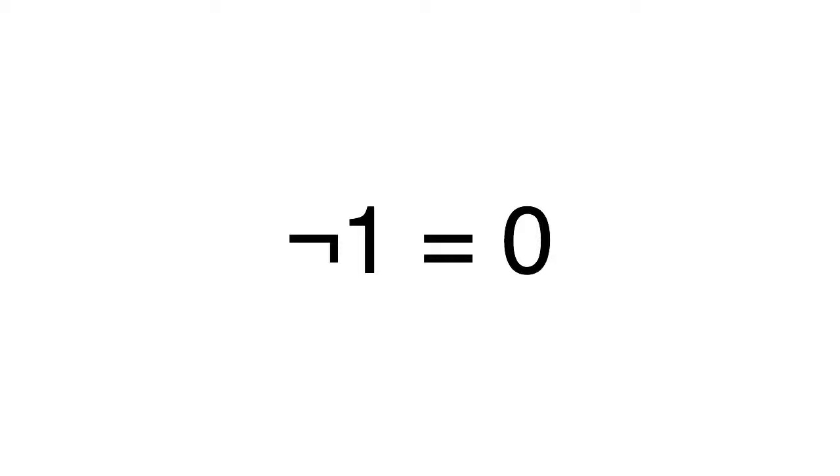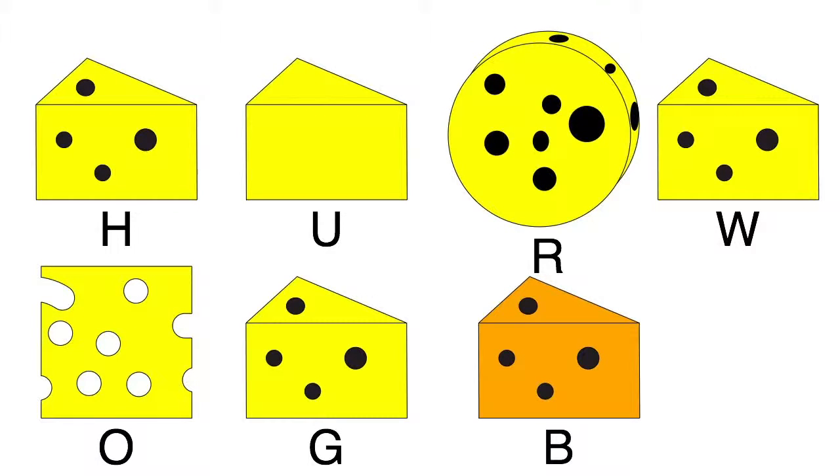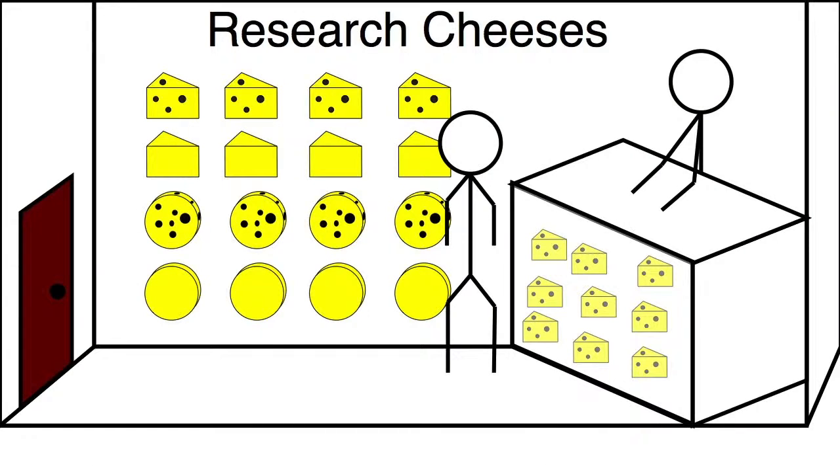Moving on, we need a practical application. Suppose that there's a big community researching cheeses, and there's one cheese shop in town that sells what they need. So you go into the shop, and then what you do is you ask for a specific order.